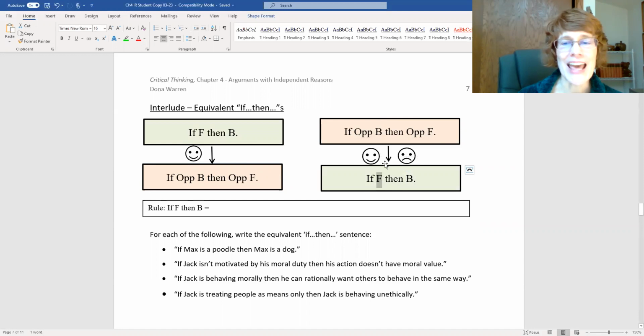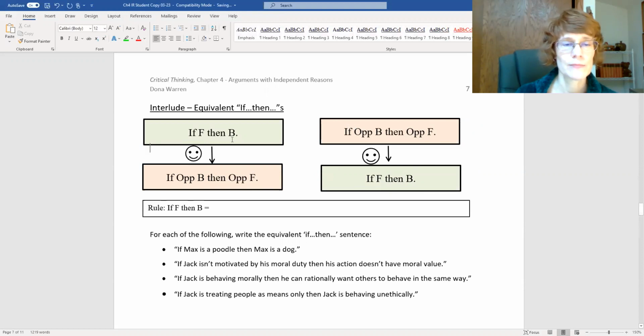So we are imagining adding the opposite of the back to this conditional. And what are we concluding? Well, B. But isn't that the opposite of the opposite of B? So this is valid too. This is if front, then back, the opposite of the back, because F is the opposite of the opposite of F, and we are concluding the opposite of the front, because B is the opposite of the opposite of B. So this is valid too, so I will get rid of the frowny face.